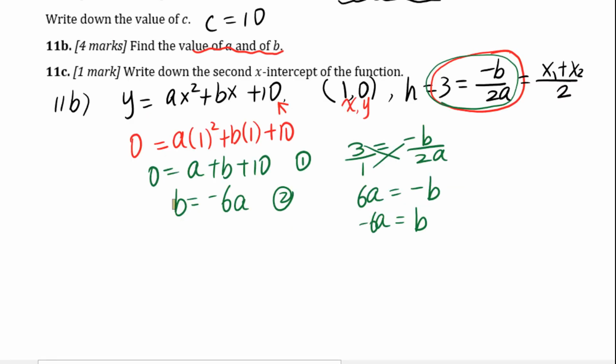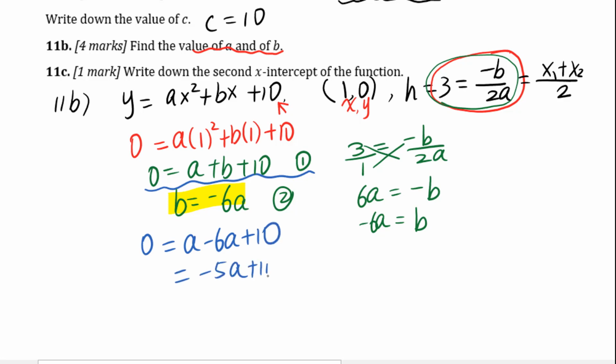Since we have this pattern, we can use substitution to solve this system of equations. We plug b equals negative 6a to the first equation. You will get 0 equals a minus 6a plus 10. So we have negative 5a plus 10. This is a 0.